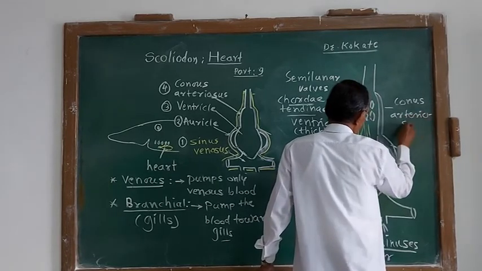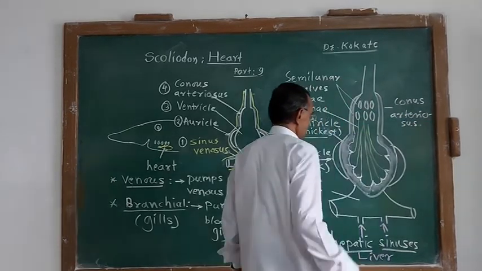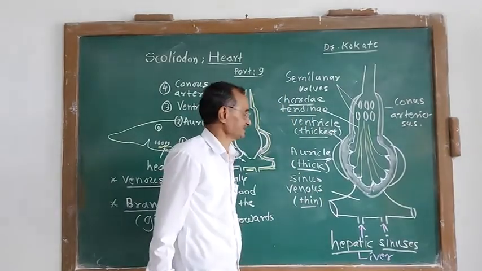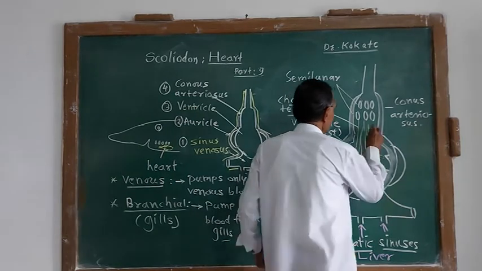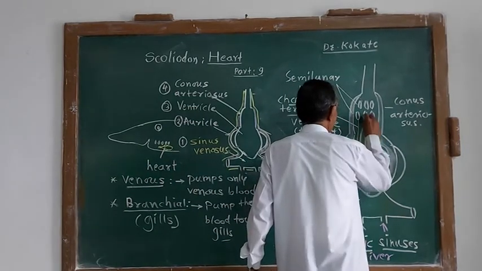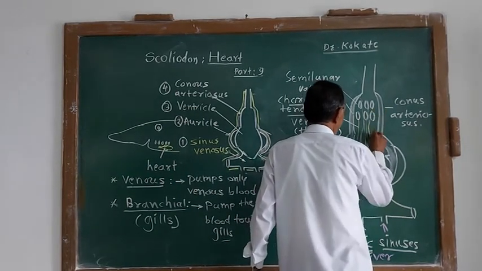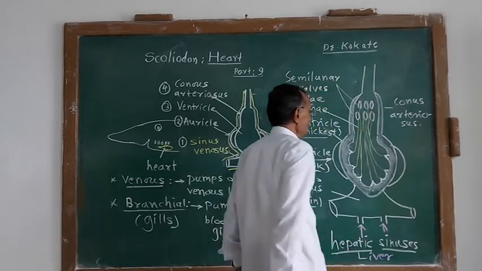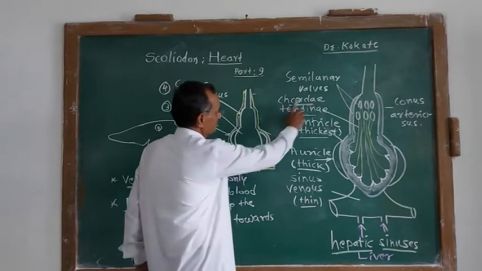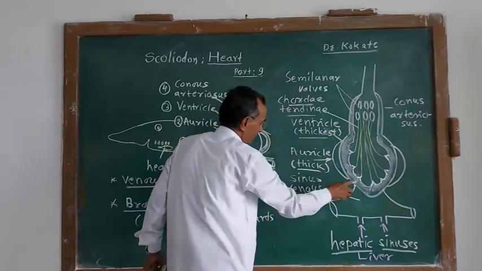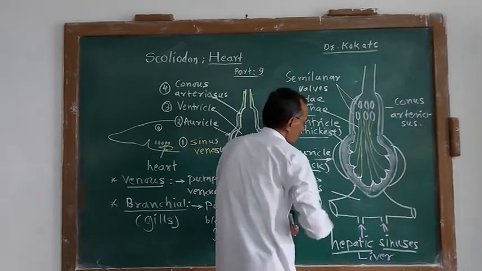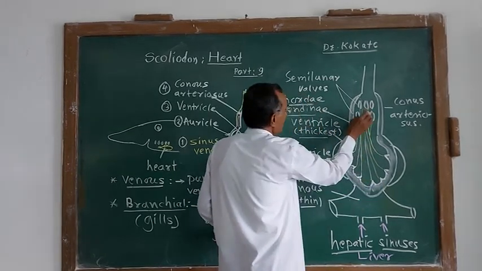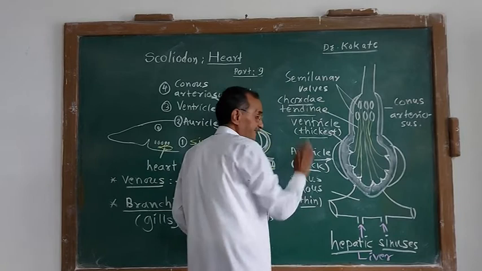In this conus arteriosus, two rows of semilunar valves are present. To these valves the chordae tendineae are provided, for what purpose? To operate the valves, to open and close them. These semilunar valves are operated by contraction and relaxation of the chordae tendineae.